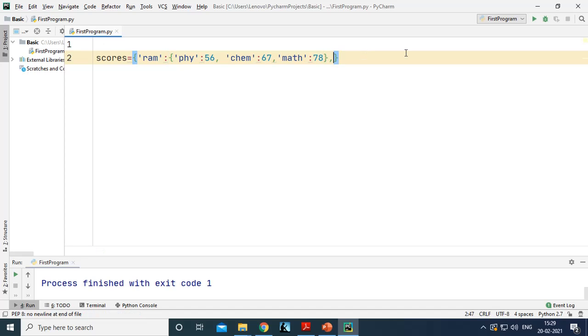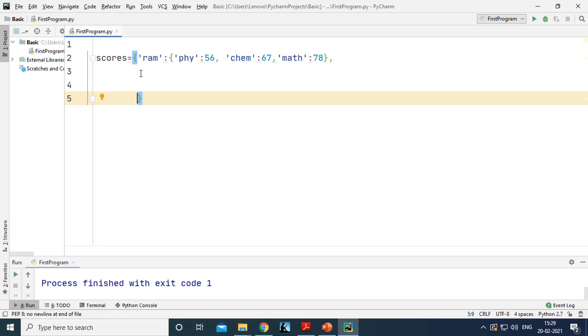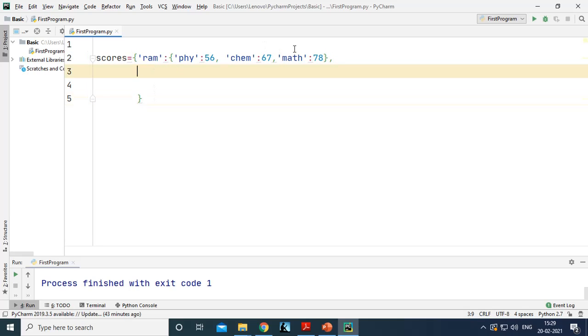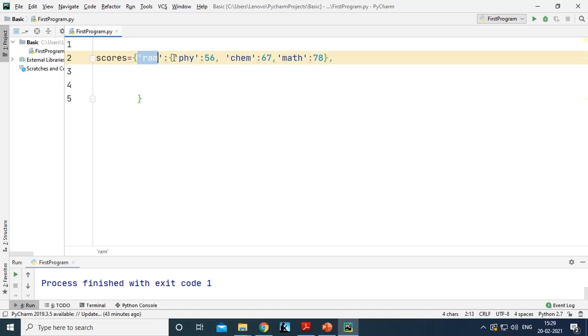So in order to make it more readable, I am writing it like this. This is the first student, Ram, and Ram is the key, and his value is again a dictionary. So this is a two-level dictionary, with the keys physics, chemistry, and math.